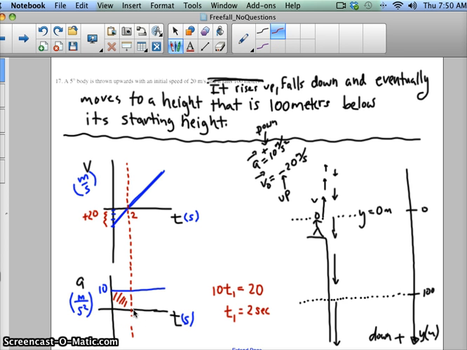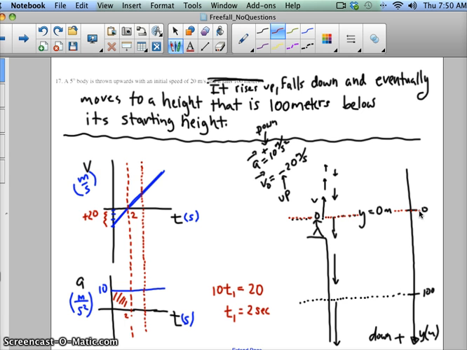And I'll write 2 seconds here. Now, if you think about it logically, there's a moment in time when my displacement is 0. That would be the moment in time when my object, the change in position is 0.